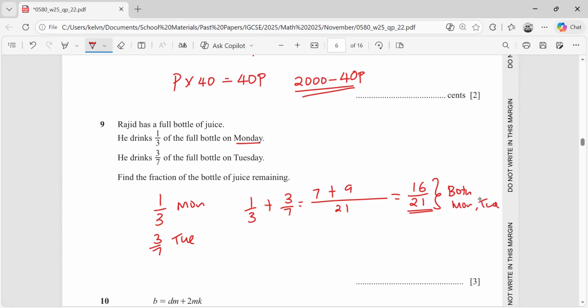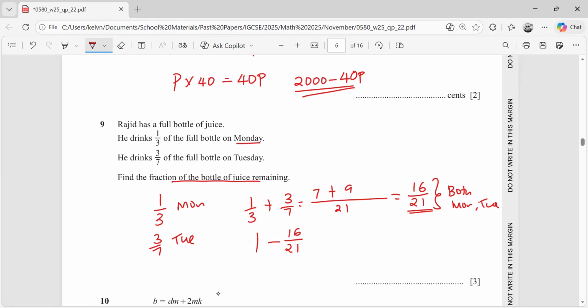Okay. Now, we are being asked to find the fraction of the bottle of juice remaining. We know if it's a full bottle, we can represent something full with 1, right? 1 is usually like total or full, okay? And then we can subtract from this the fraction of what he drank on both Monday and Tuesday.